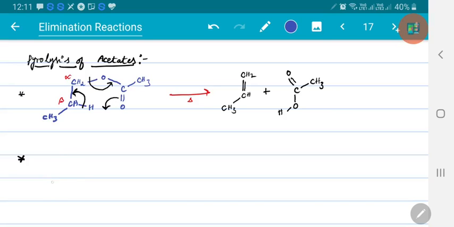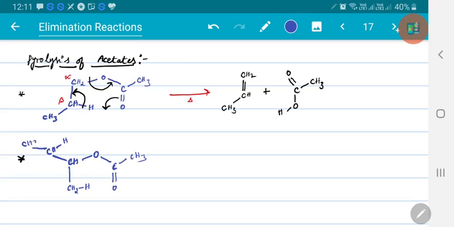So I am taking another case: CH, O, C double bond O, CH3, and there is CH2, and there is CH CH3.